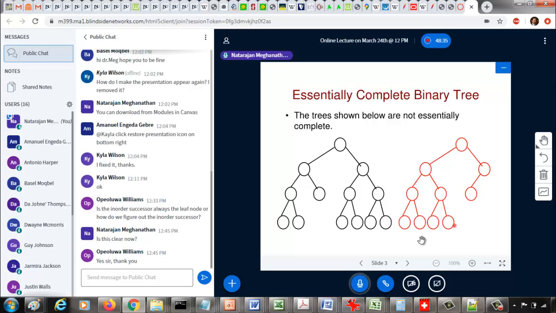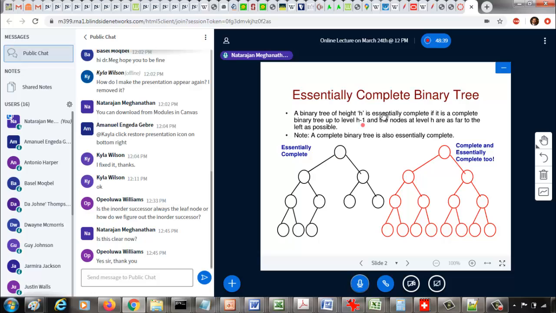That's fine. So both rules should be satisfied. The nodes up to level h minus 1 should form a complete binary tree like this, and in the last level, which is level h, the nodes should be as far to the left as possible. If both these rules are satisfied, that binary tree is an essentially complete binary tree.